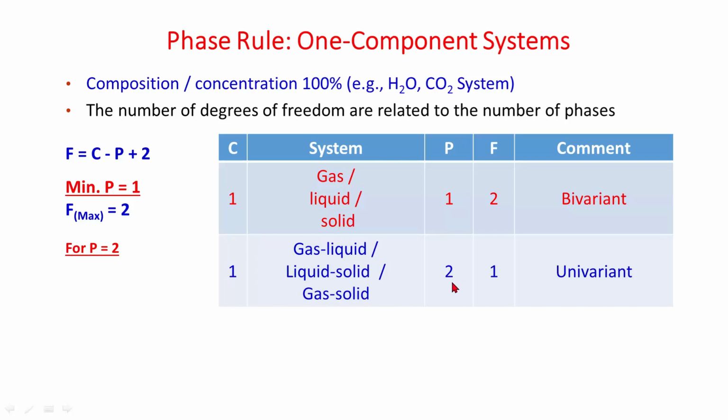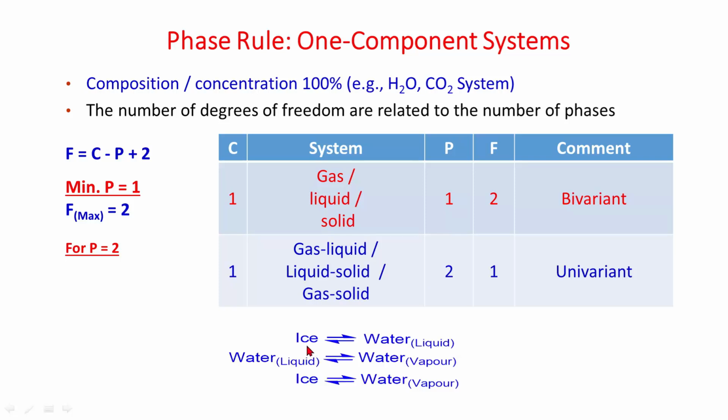The cases are ice in equilibrium with water, water in equilibrium with water vapor, ice in equilibrium with water vapor. Here we have two phases, and if we calculate the F, it comes out to be 1. The system for these equilibrium is termed as univariant.